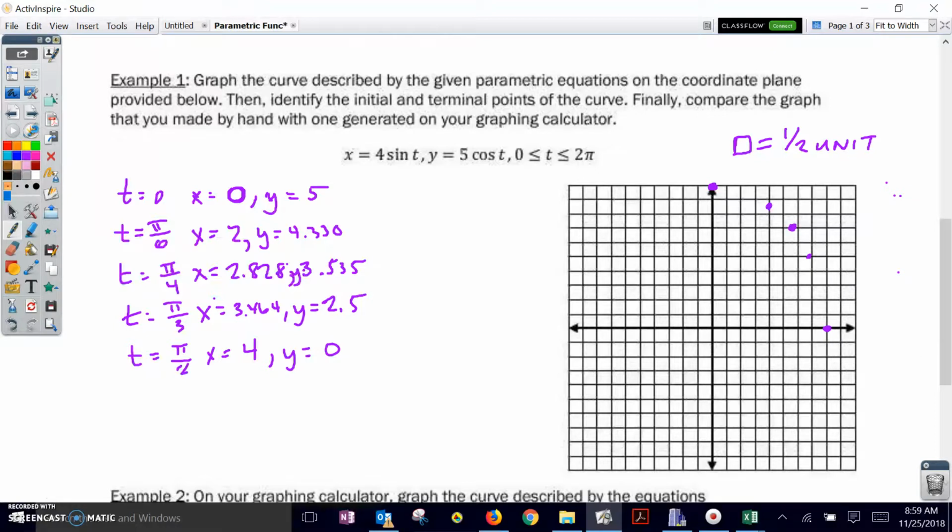And now, because of the symmetry of the sine and cosine functions, I know that I can continue plotting these points, only changing the positivity and negativity of them. And so I'm just going to go ahead and plot the rest of these points by using the symmetry of the graph.